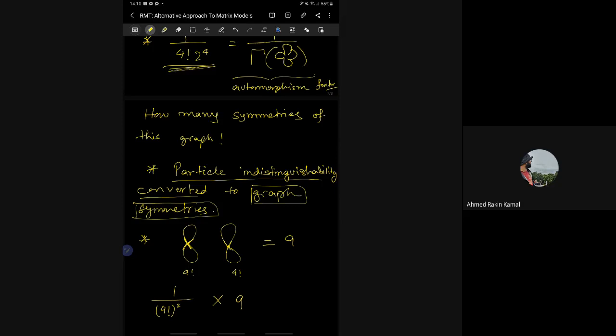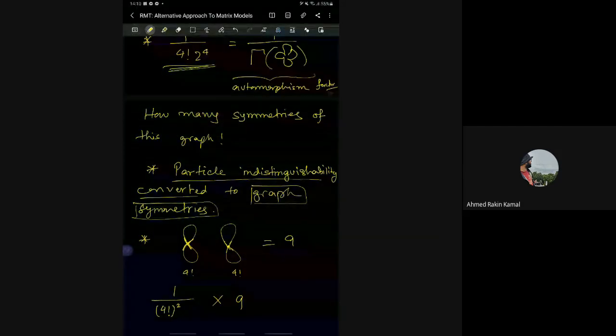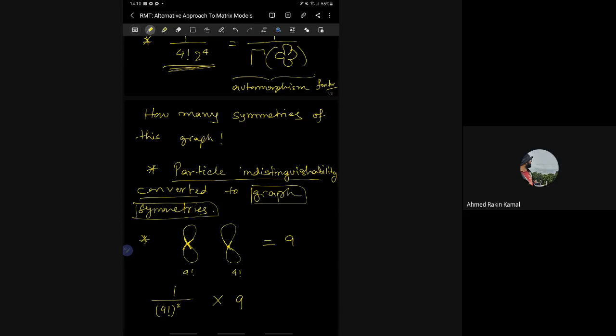Right? 4 indistinguishable particles, that's why 4 factorial. And since they're indistinguishable as a pair, like you don't know which pair is A and which pair is B, so times 2.